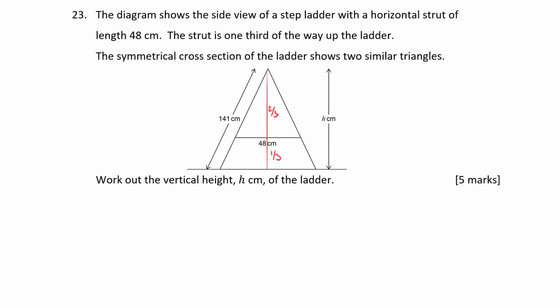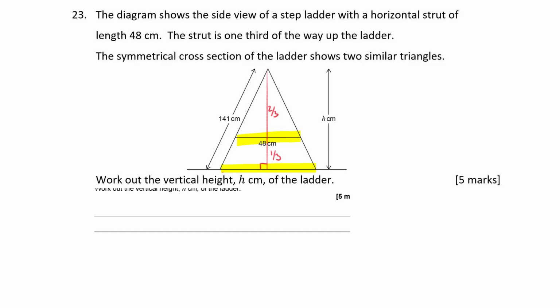Now, I suppose we could add a right angle there if we're dropping it straight down from the top. So the distance from there to there is half the baseline. If it's in the ratio of 2 to 3, and this distance is 48, we can use that to work out the length of this baseline.